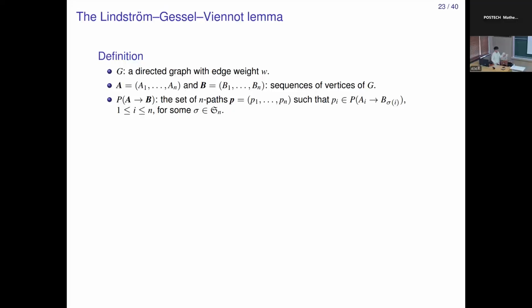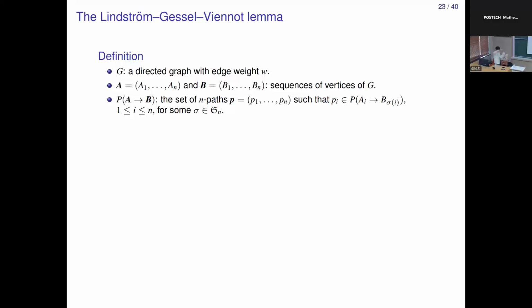But there are no restrictions on which A_i should go to which B_j. They can go anywhere, as long as there is no collision at the beginning or at the end, meaning that every ith path must be a path from A_i to B of sigma i for some permutation sigma.